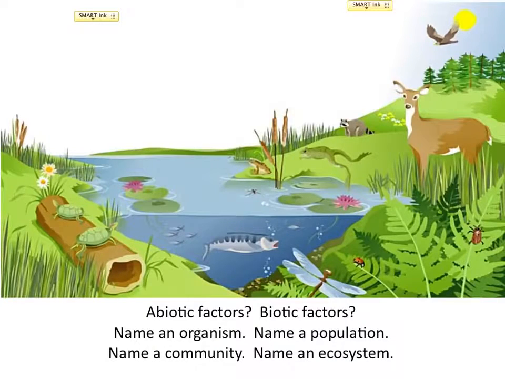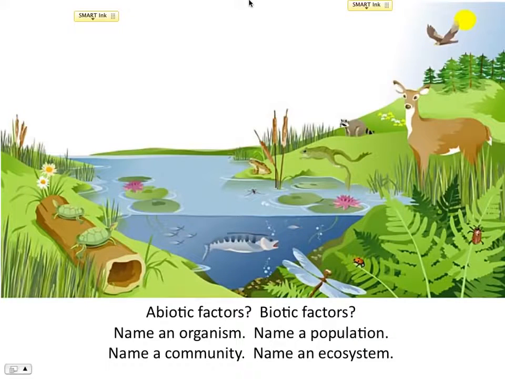Okay, last example. You're going to test your knowledge. We're in a new ecosystem now, a new habitat for these organisms. We're at the edge of a pond, and it's very, very green and beautiful, and there's lots of different organisms floating around here.